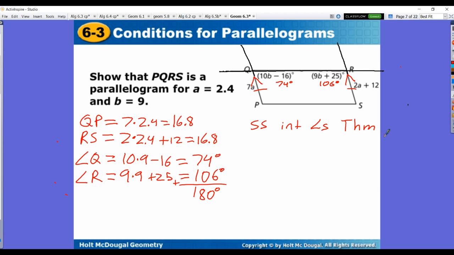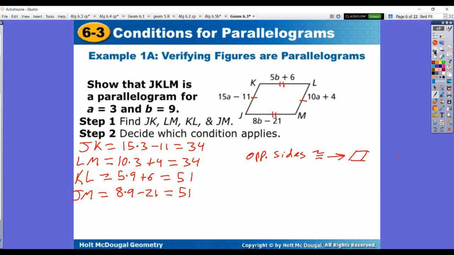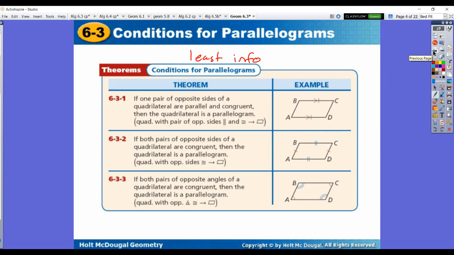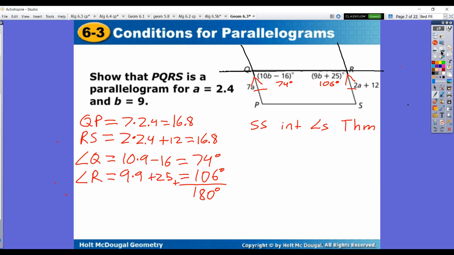Now if we go back and take a look at our theorems from today, we're going to be using this first one right here, because here we have 2 parallel lines, and they are congruent, so we can apply this one here. We'll go ahead and write down, abbreviate what that one is.